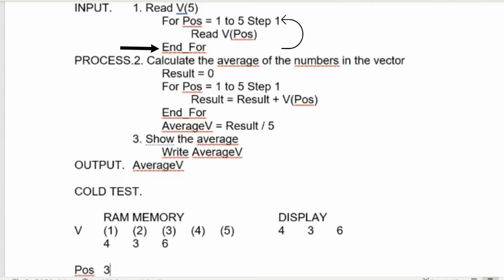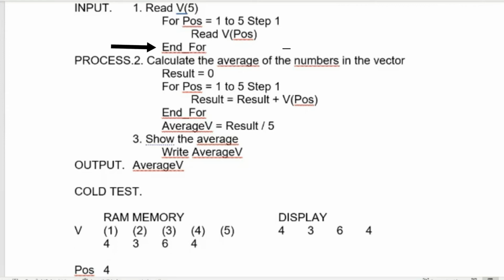Next, step 1. 3 plus 1 is 4. Suppose we read the number 4 again. This is an example. Instruction, read vector in position pos. That means the vector in position 4. So, number 4 is coming to the vector in position 4.